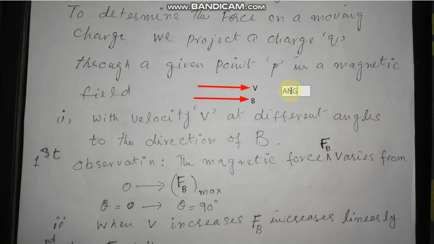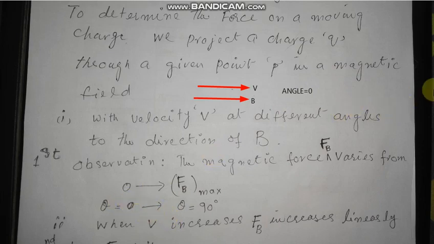The angle between v and B is equal to 0. Then what will we observe? That the magnetic force acting on such a charged particle which has a velocity v parallel to the magnetic field will be equal to 0.